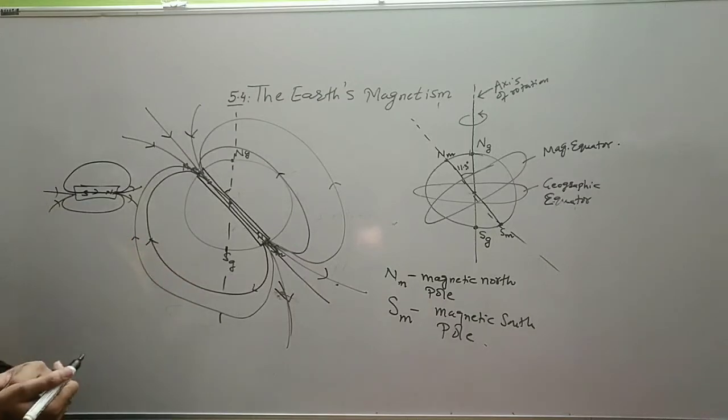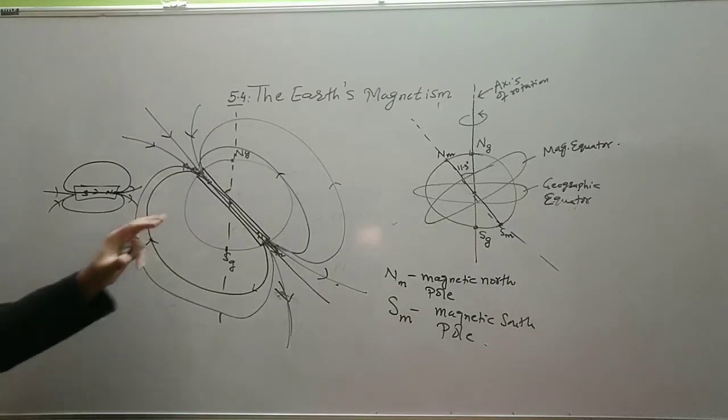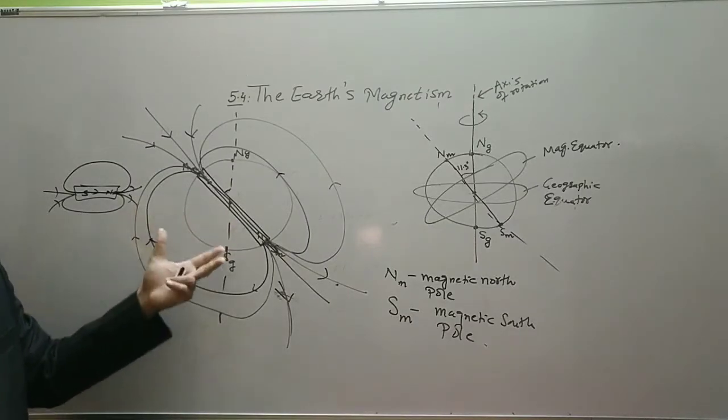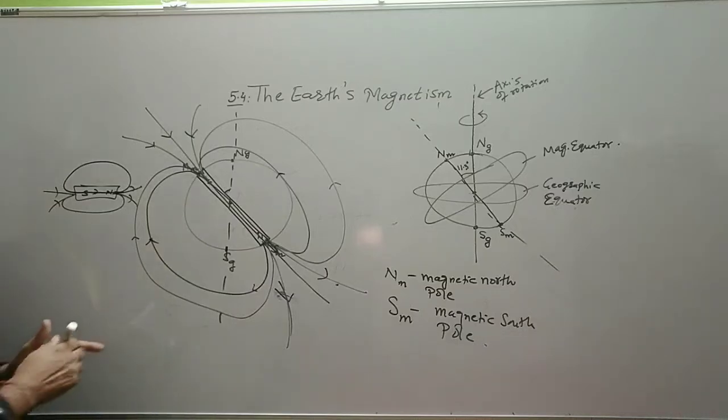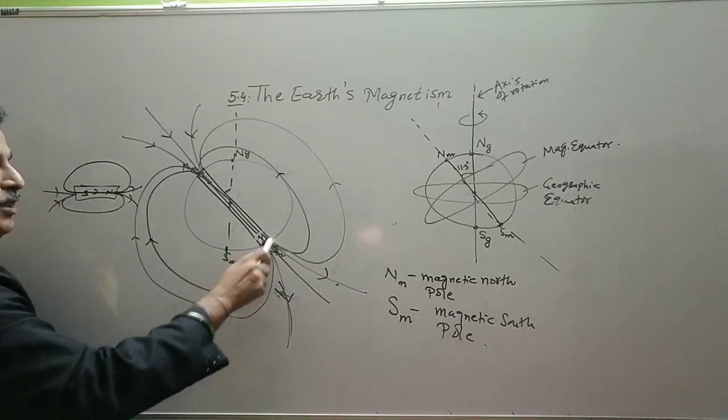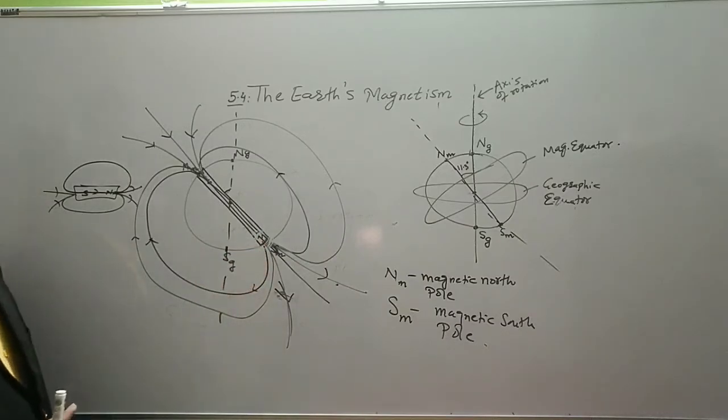So to understand the earth's magnetism, we assume there is a bar magnet which is opposite to this name. So this side, which we call a magnetic south pole, its behavior is like a north pole.